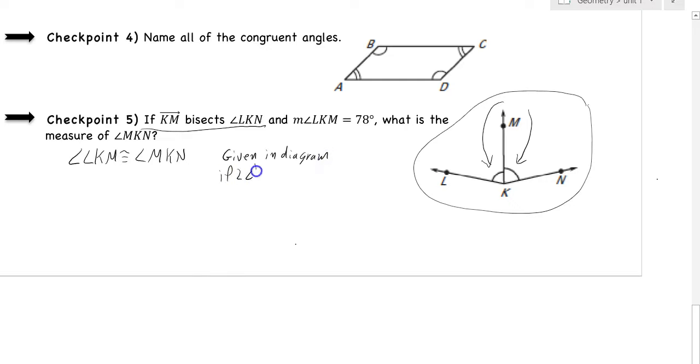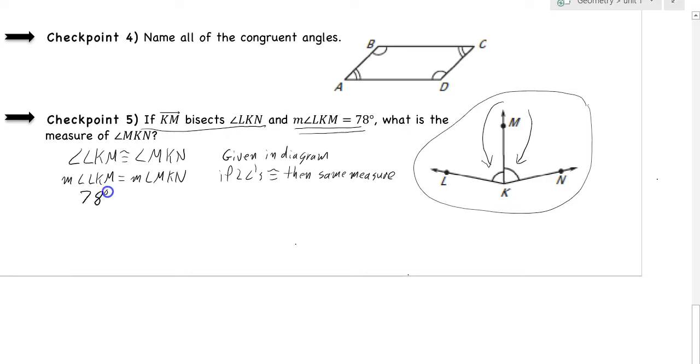If two angles are congruent, then they have the same measure. Means that the measure of angle LKM is equal to the measure of angle MKN. We know the measure of angle LKM right here. I don't remember which one I said. It was supposed to be LKM.